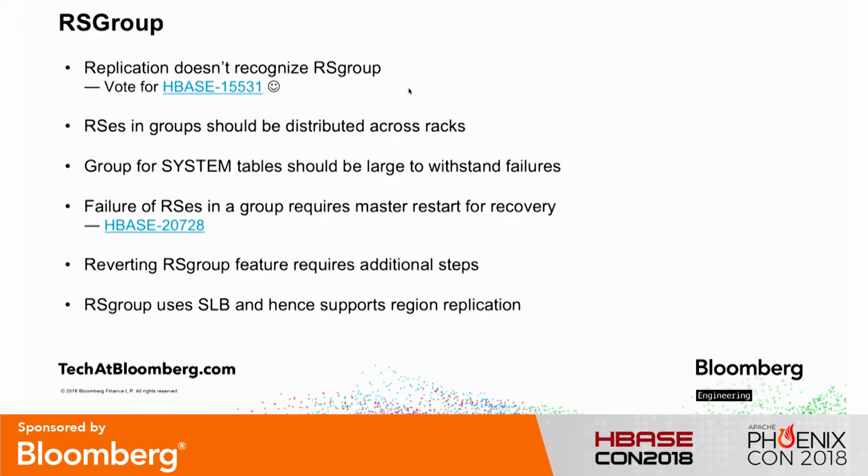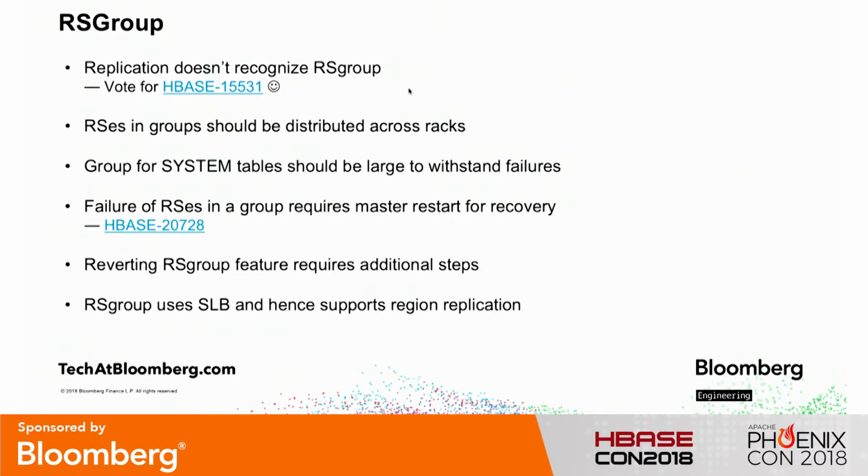But there is a ticket which has been open for some time, which is 15531, which understands the favored nodes in HDFS. So what will happen is when HBase sends a write to HDFS, it will say use these as favored nodes, which are the nodes in HDFS which correspond to those region servers.